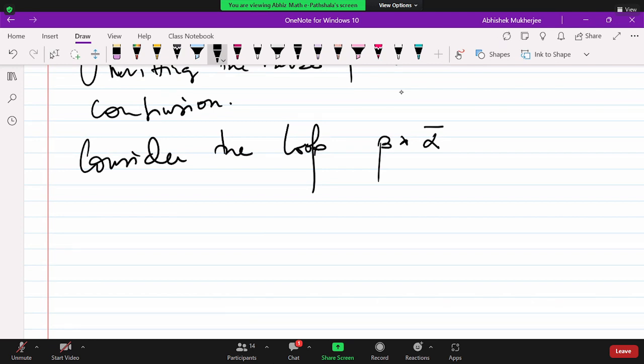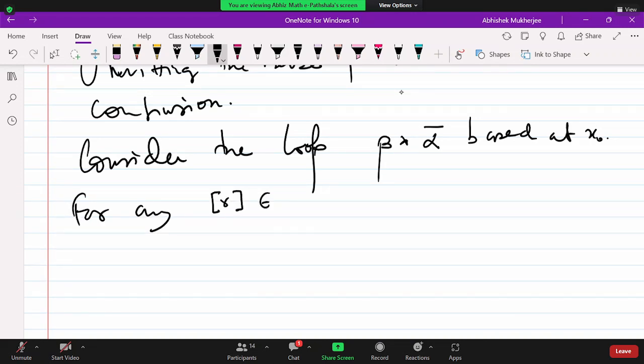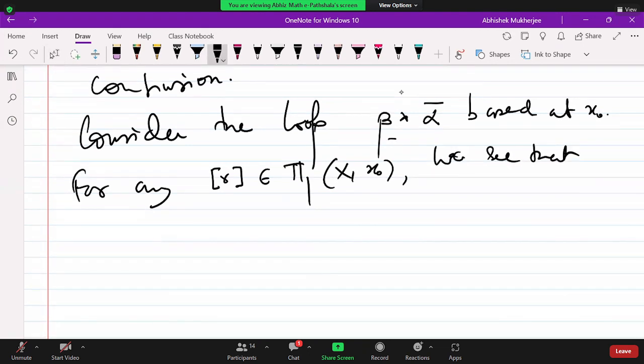So this is a loop based at x naught. Okay. Now for any path homotopy class of the loop gamma based at x naught, we see that. So we have a specified loop here based at x naught.